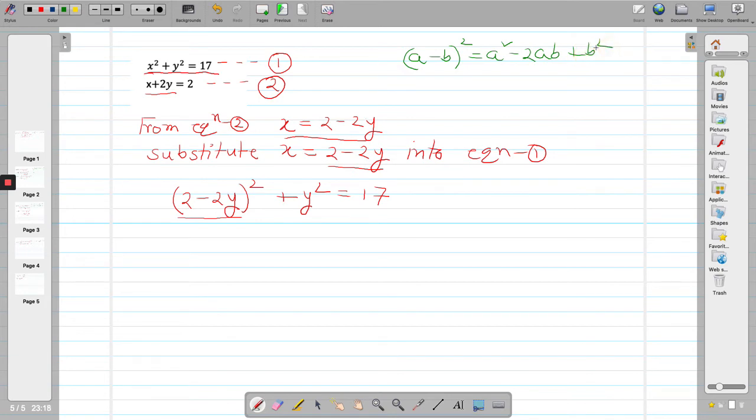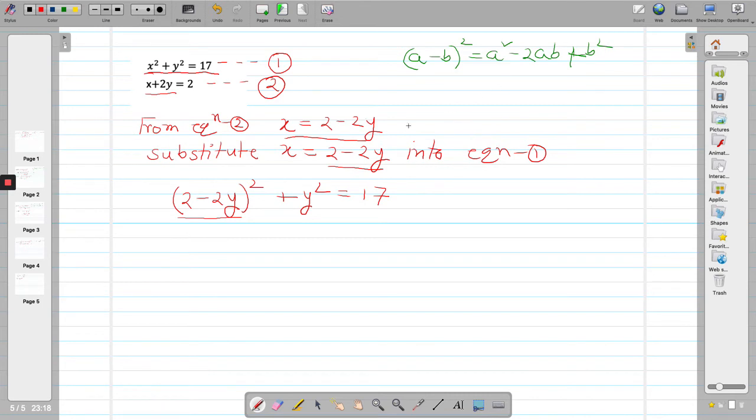So we're going to use this formula now because we have a minus in here. Okay, so now it is 2 minus 2y whole square. So I'm writing 2 is a, and 2y is b.